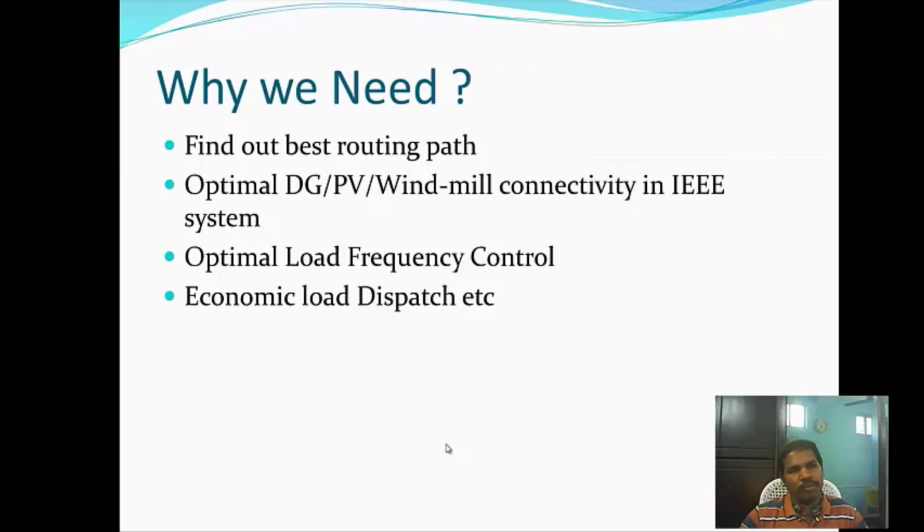When you do the optimization, we get a better value for complex problems. Maybe in control systems, load frequency control, power electronics units, or a simple PID controller, we need to identify the optimal values of their gains. Maybe we use it in the economic load dispatch problem, unit commitment problem, and power usage problem.